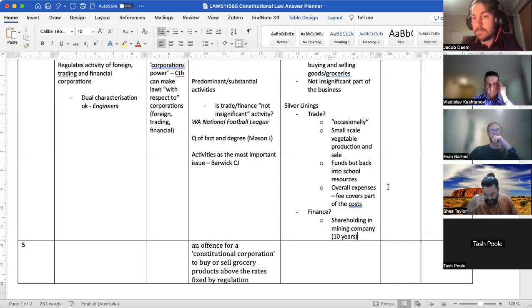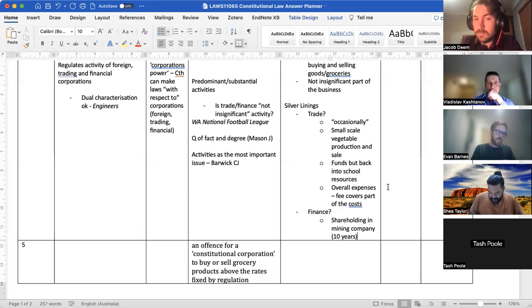Yeah, so would it be necessary to review their constitution in working out the purpose of the organisation? But in saying that, there's not enough information in there to ascertain how much of the income is made up through trading. If you read what Mason said at 33 in the West Australian NFL, not every corporation which is engaged in trading activity is a trading corporation.